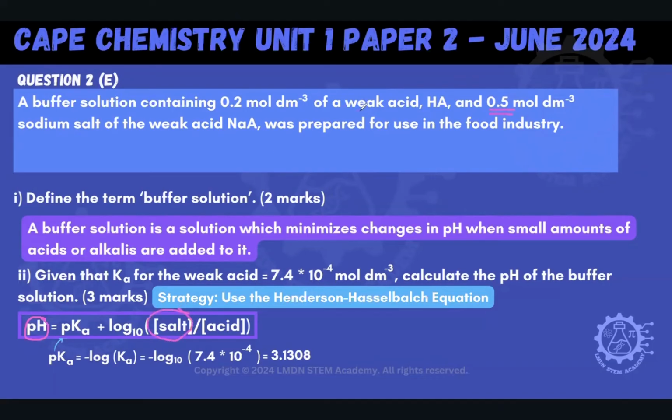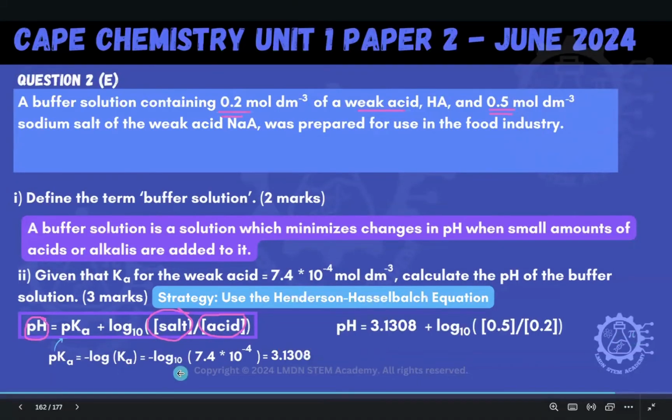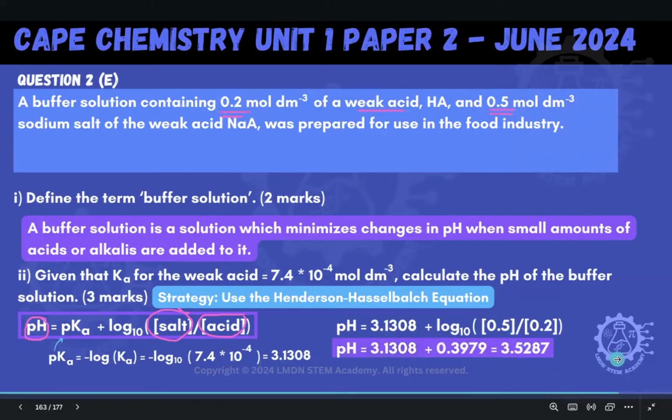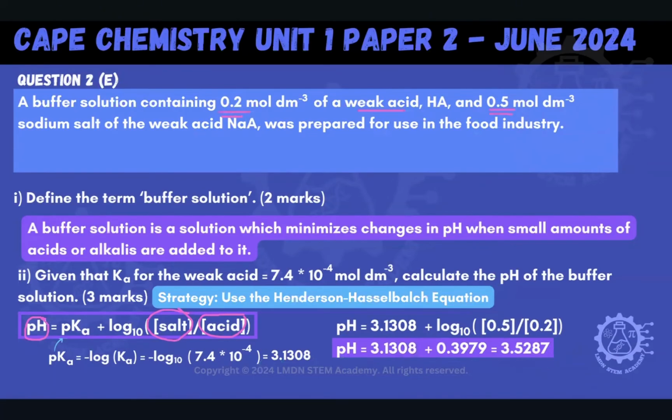And then we also have the acid concentration, which is 0.2, to round out this calculation. So the pH is equal to the pKa, 3.1308, plus log to the base 10 of 0.5, our salt concentration, divided by our acid concentration, 0.2. We plug everything through and we get a pH value of 3.5287. So that is the pH of this buffer solution.